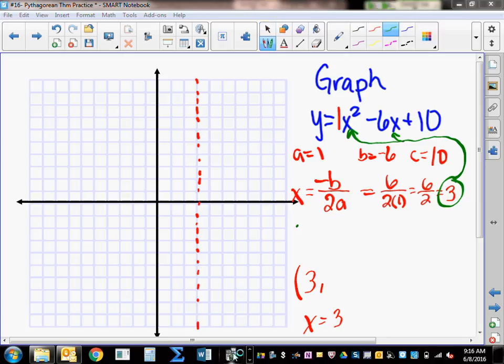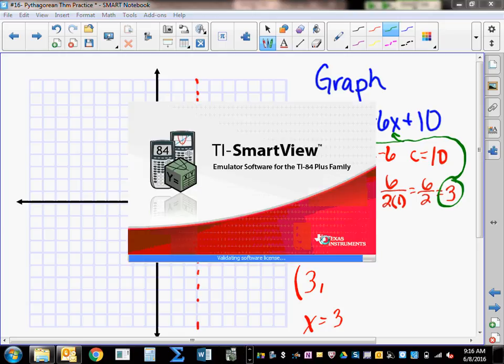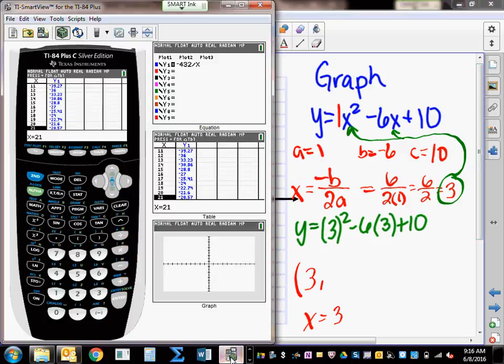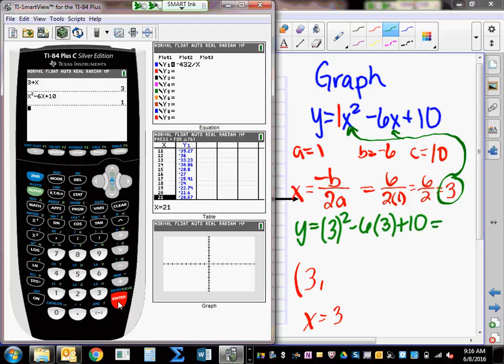What we're doing is y equals, taking our x and putting it in. 3 squared minus 6 times 3 plus 10. I want to take 3 and store it in for x. And I'm just going to type out my equation here. X squared minus 6x plus 10. I get 1. So I know my y value is 1.